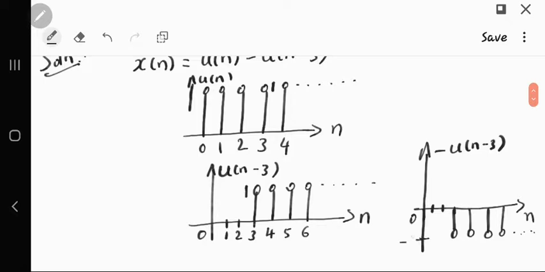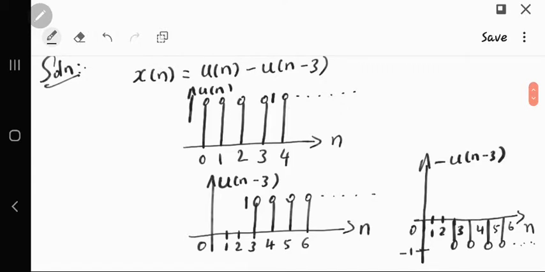The amplitude will be minus 1. The signal starts at 3 only. So this is minus u of n minus 3, and this one is u of n.